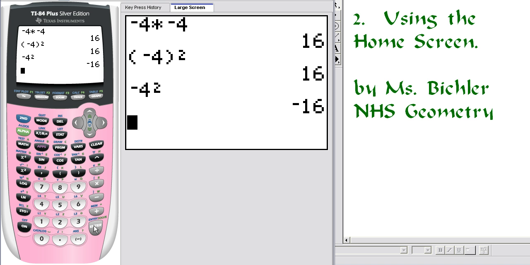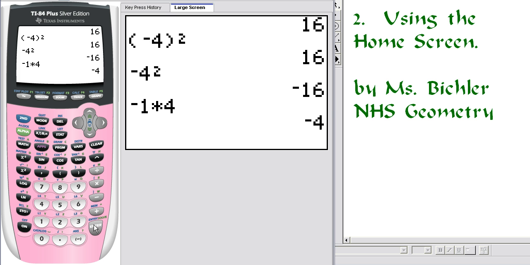Why did that happen? Your calculator views that negative as basically -1 times whatever number you want negated. So this has to be in parentheses if you want to get the right answer when squaring a negative number on this calculator.